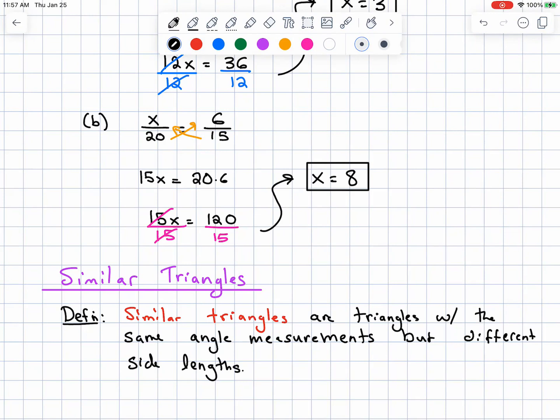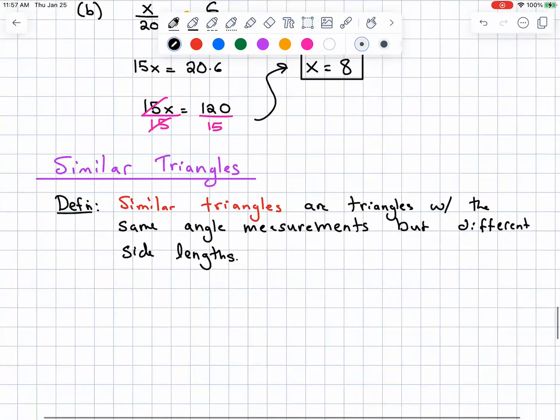If you've ever messed with a picture in a Word document and increased the size, you're making similar shapes. Sometimes they're right next to each other and they're similar, but other times they're inscribed in each other.